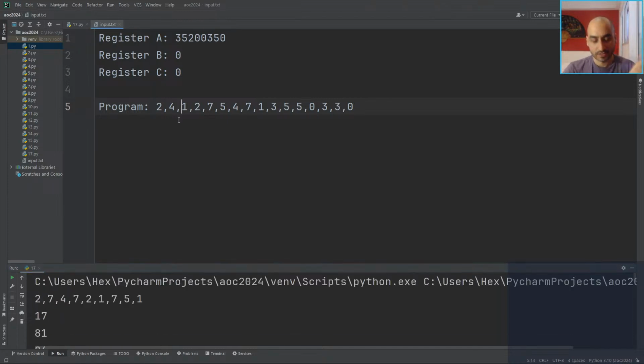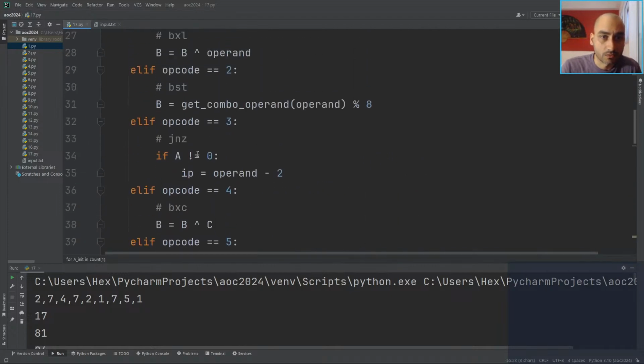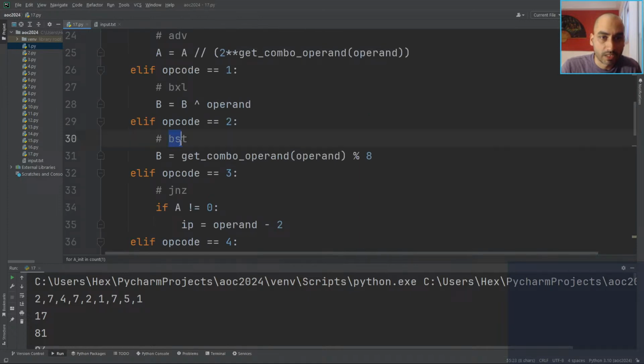All right, start running the program then. So we've got 2 and 4. So that takes us to BST.